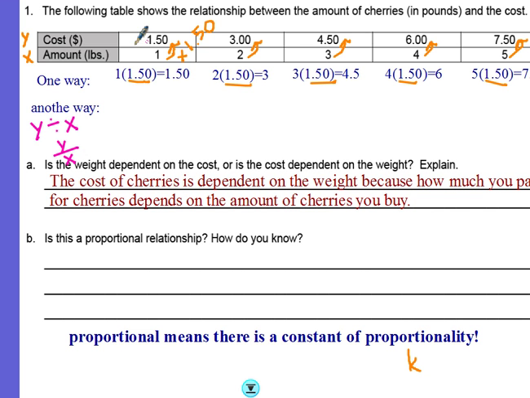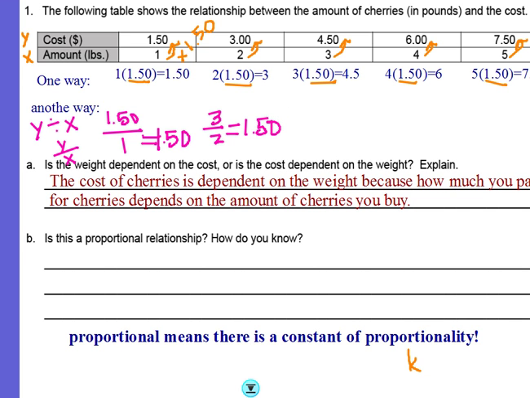Basically, the y value here is 1.50. You divide it by x, 1.50 divided by 1 is going to give you 1.50. Then the second one, y value is 3, so 3 divided by 2 is also 1.5.